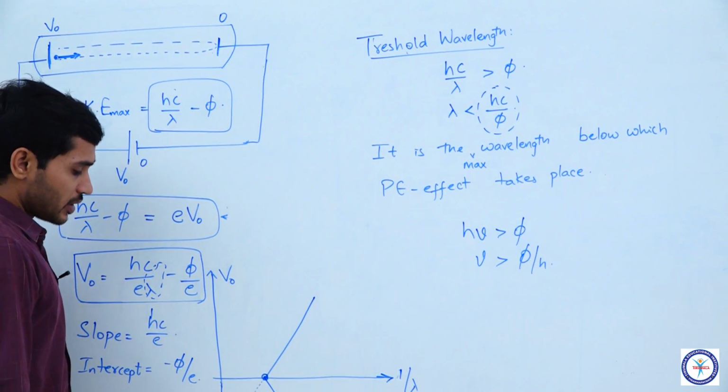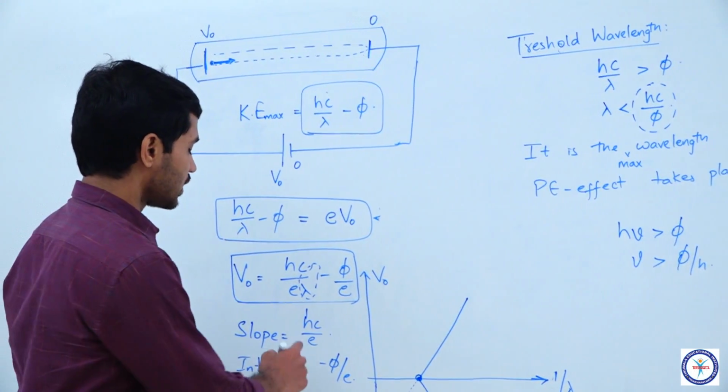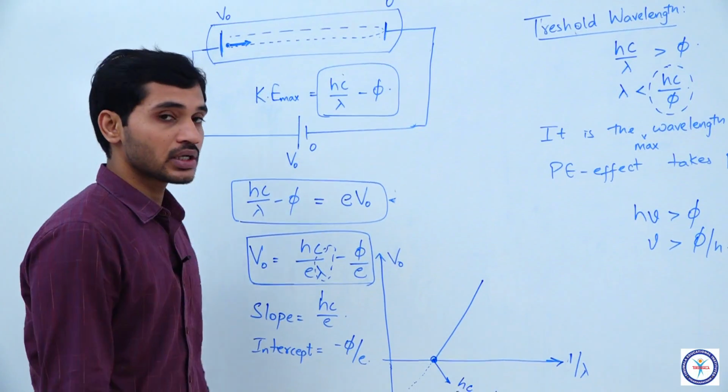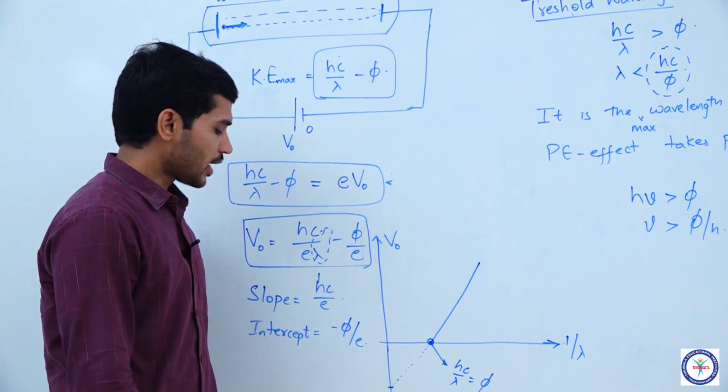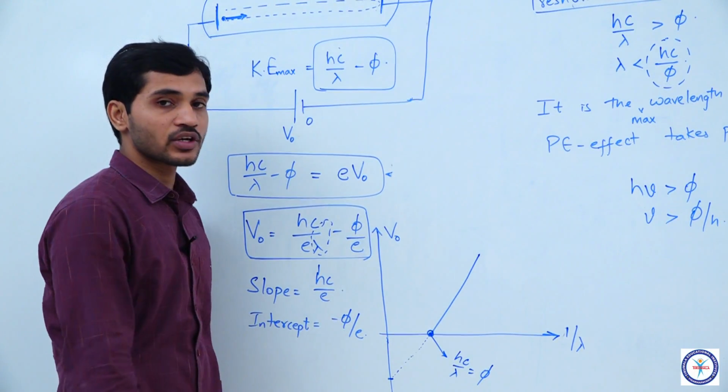In this part of the graph, we have earlier understood that the slope is basically hc by E, and if you observe here, h is a constant, c is a constant and E is a constant.